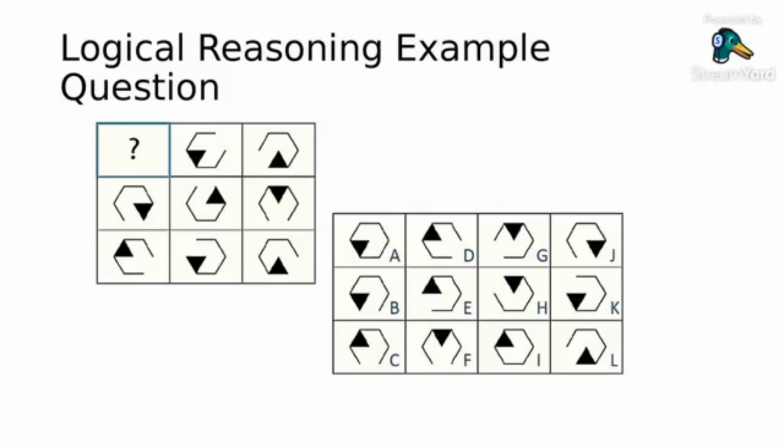Kasi dito, mapapansin mo sa pangalawa, katabi nung may question mark, yung opening at saka yung triangle, magkatapat sila. Then here, the third one is yung triangle, katabi niya lang yung opening. Same goes for the fourth box. The opening is beside the triangle, but on the other side.